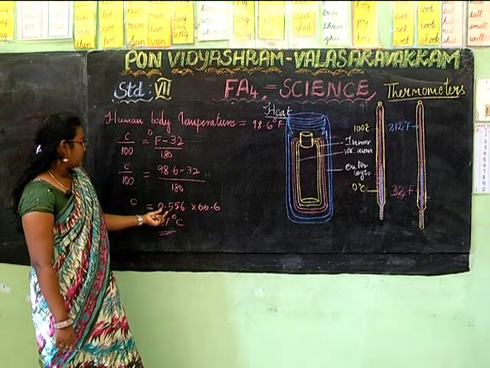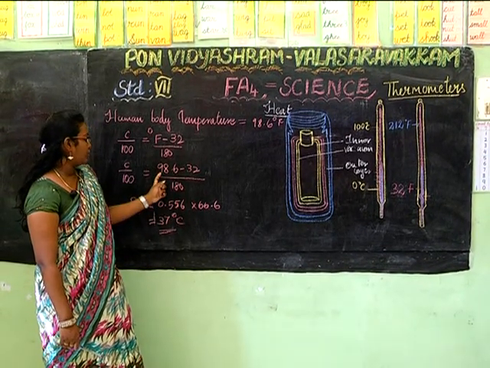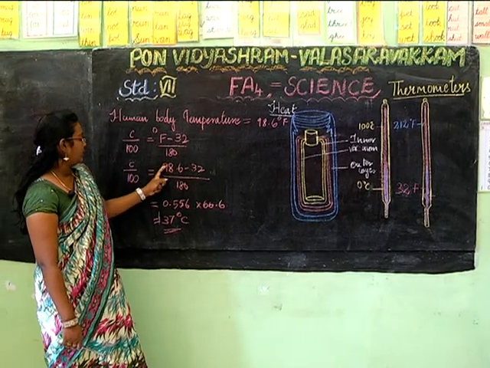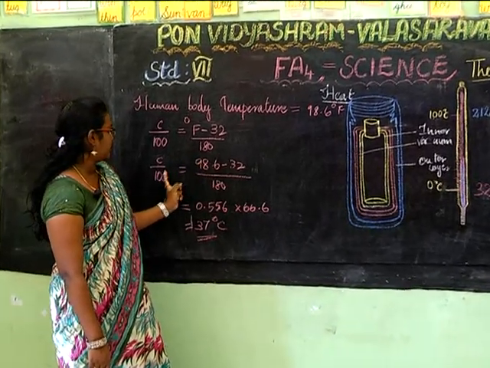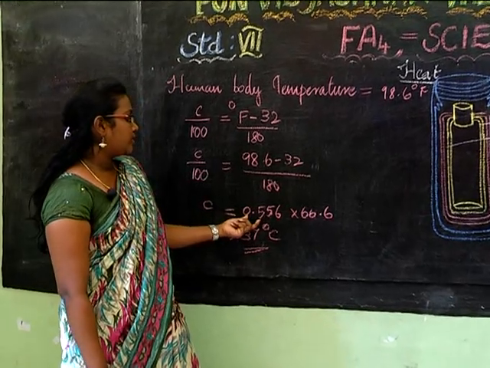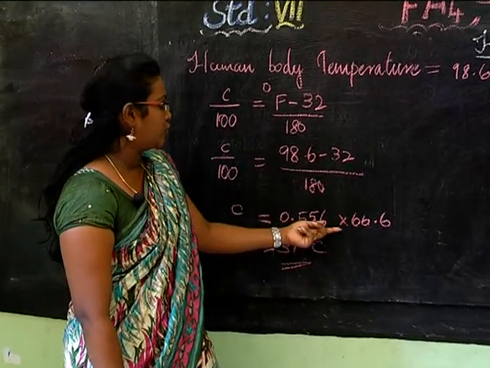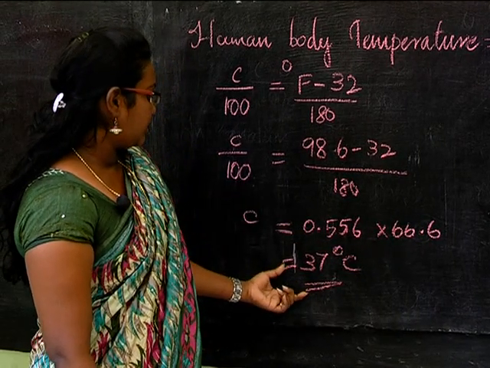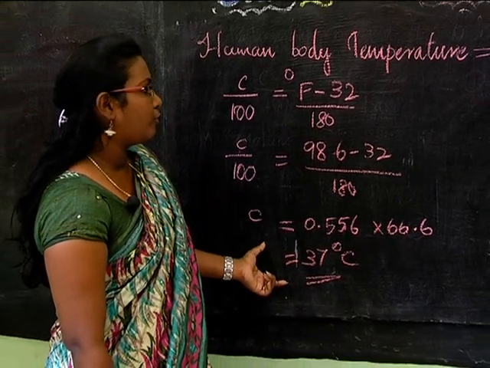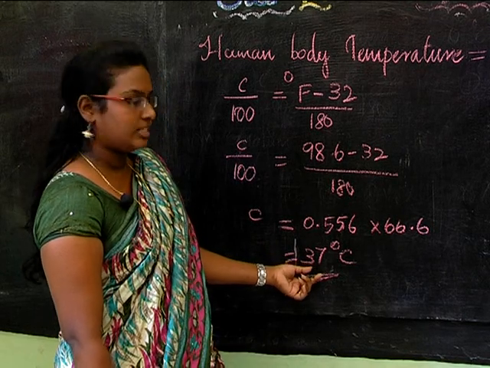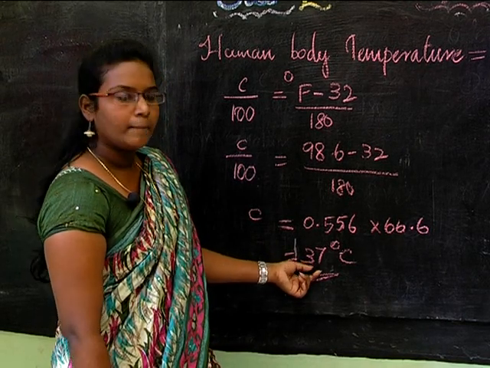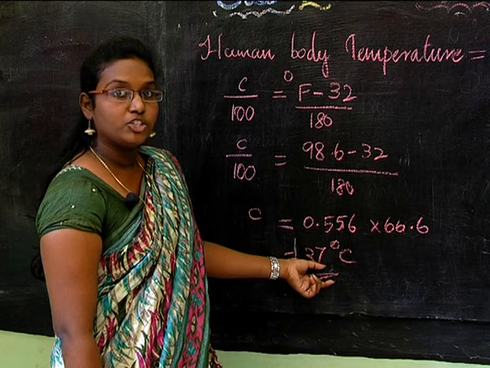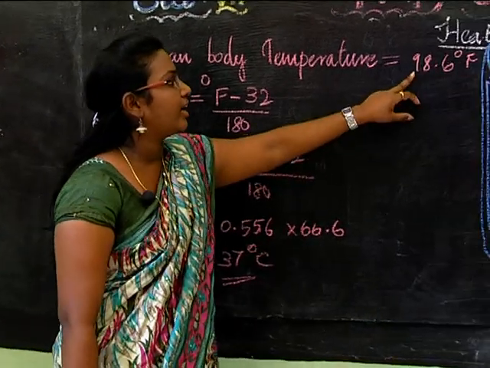That is equal to 0.556 approximately, and taking the 100 to the other side, 100 divided by 180 is 0.556, into 66.6. So the Celsius value I have observed for the Fahrenheit conversion is 37 degrees Celsius.